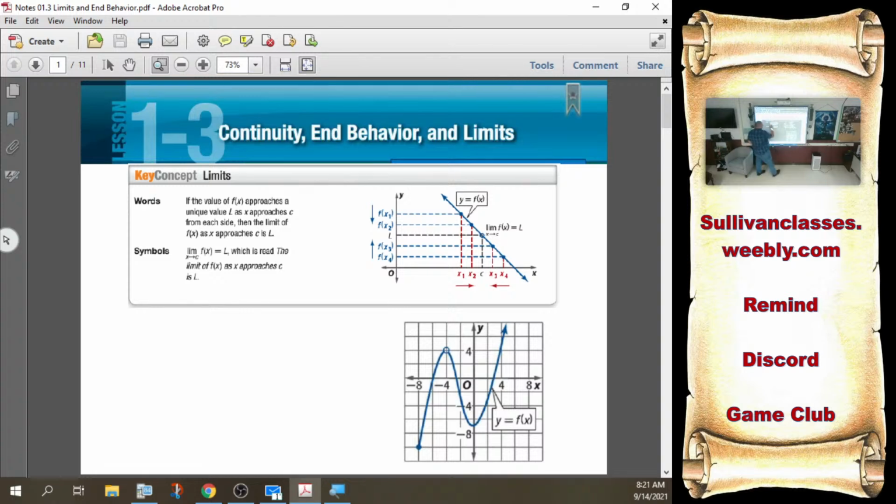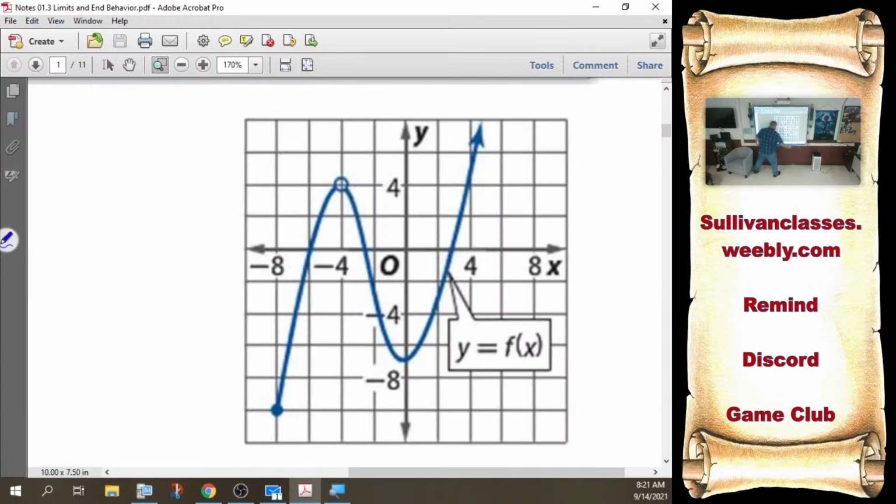I can do that on a graph. I would say the limit of my function as x is getting really close to 4. Okay, that's how we say this. The limit of my function, so it's just whatever the function name is, g of x, h of x, whatever, as x is approaching 4, so I'm going to come at 4 from the left and the right.